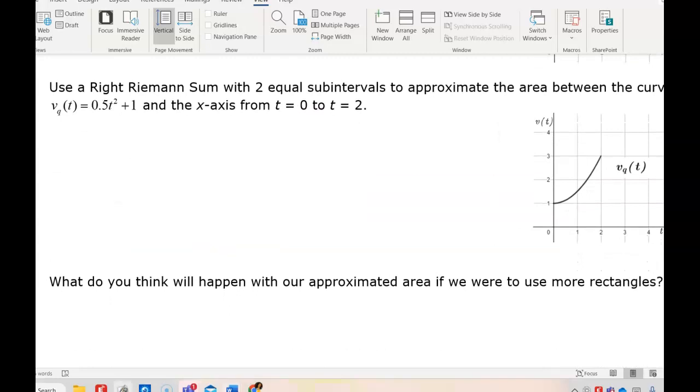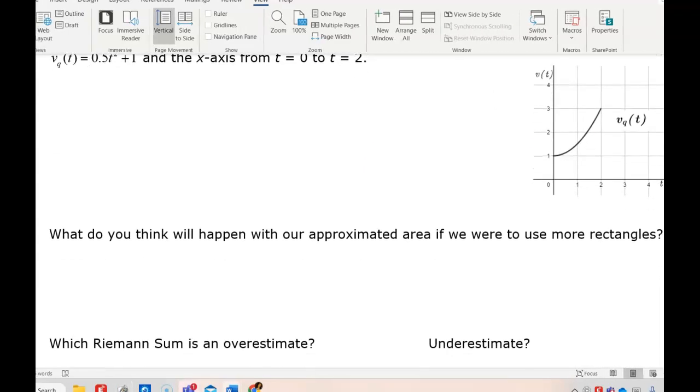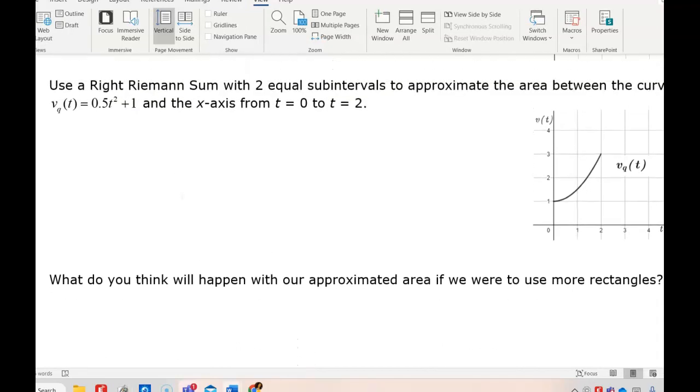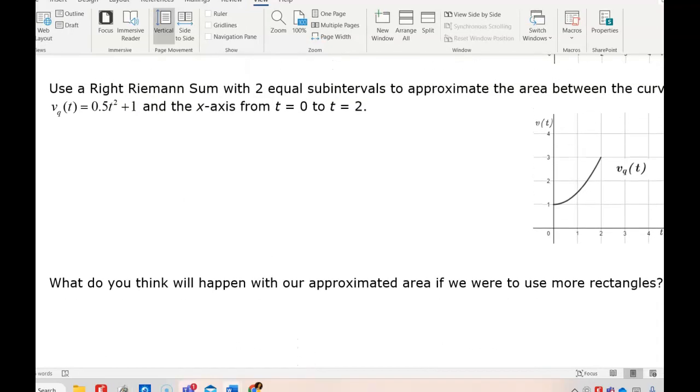What happens if instead of LRAM I say, all right, well let's try it from the right side. Maybe since the curve is concave up, the right endpoints will be better.